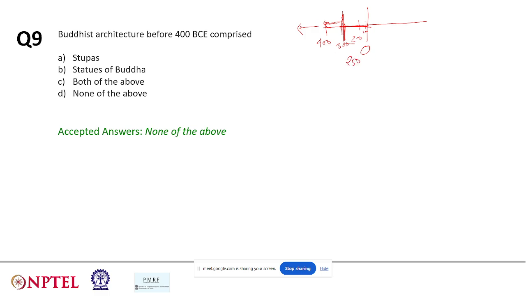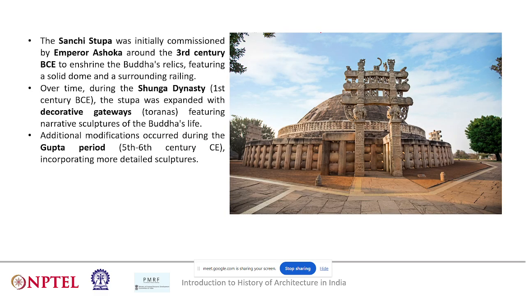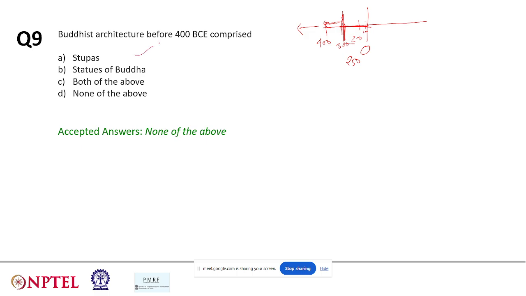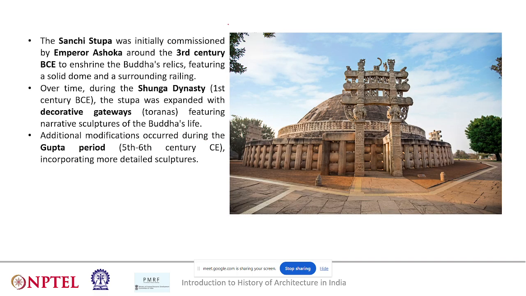But the question is, before 400 BC, what was the Buddhist architecture like? If you look at the options, the oldest stupa that was found is the Sanchi Stupa, and the Sanchi Stupa was initially commissioned by Emperor Ashoka.